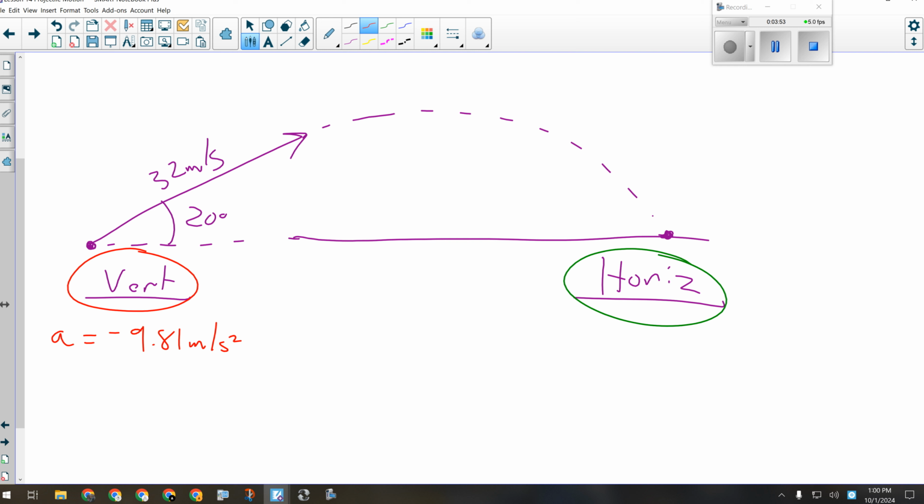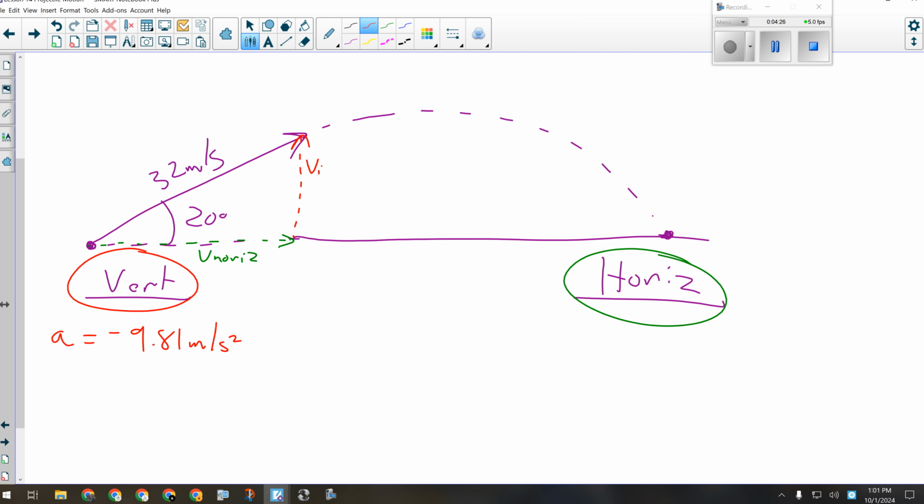Here's the other thing. This vector here has both a vertical component and a horizontal component. The horizontal component is the horizontal velocity, which is constant, of the General Lee as it flies through the air. The vertical part is the initial vertical velocity, how fast the General Lee was moving up or down the moment it was launched, because obviously that number is going to change due to gravity.